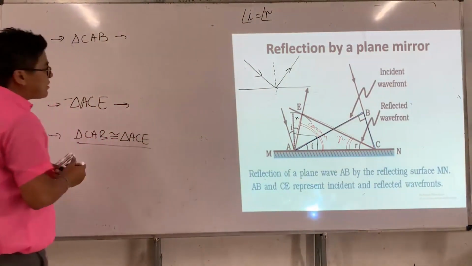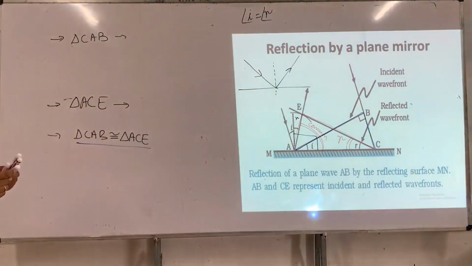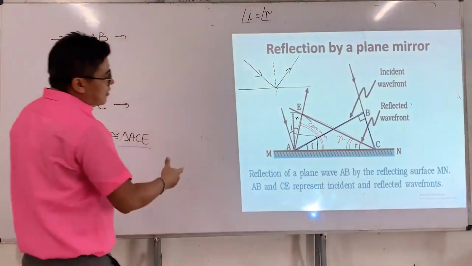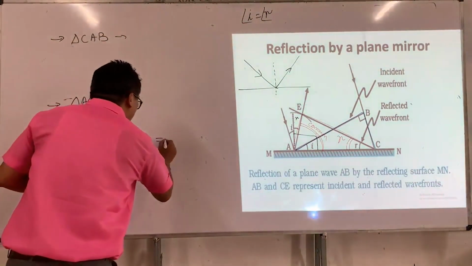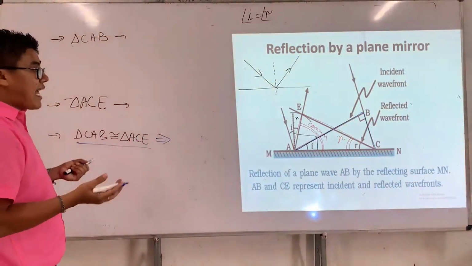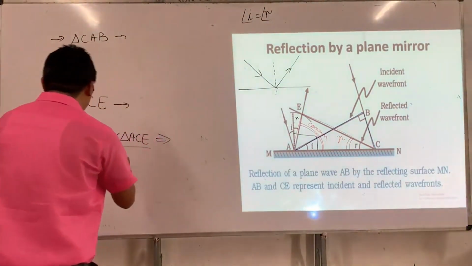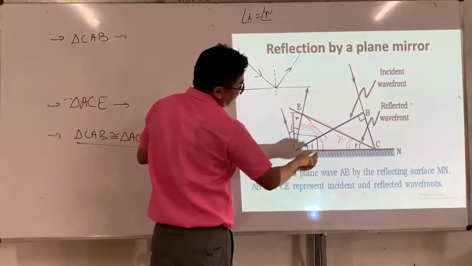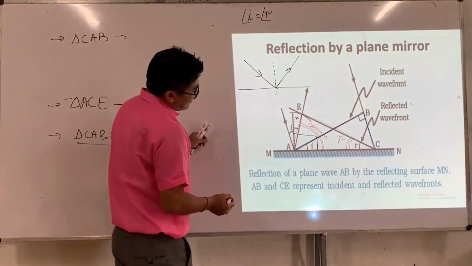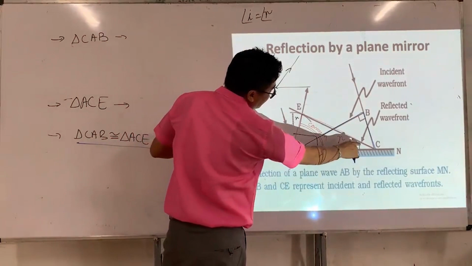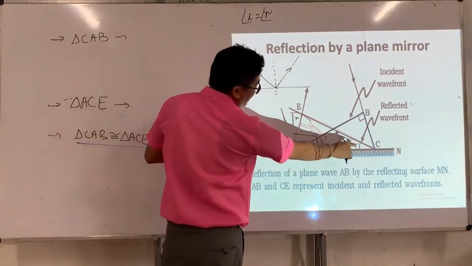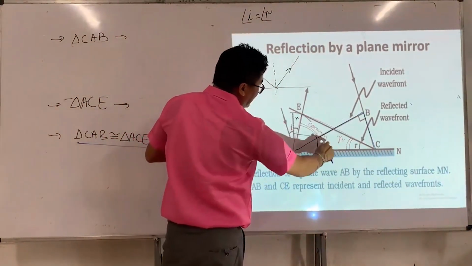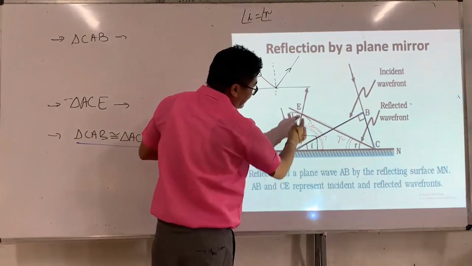If these two are congruent, corresponding angles are equivalent. Why are they congruent? Both have 90 degrees, and angle I is equal to angle R.